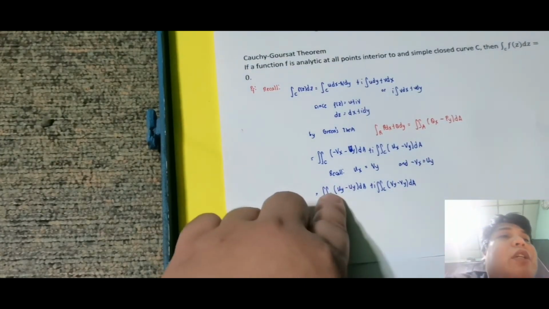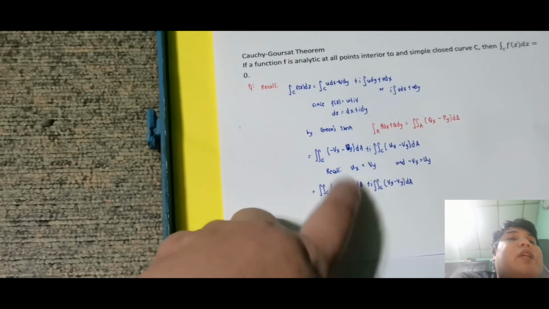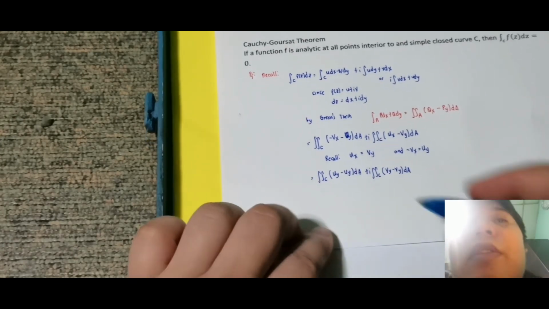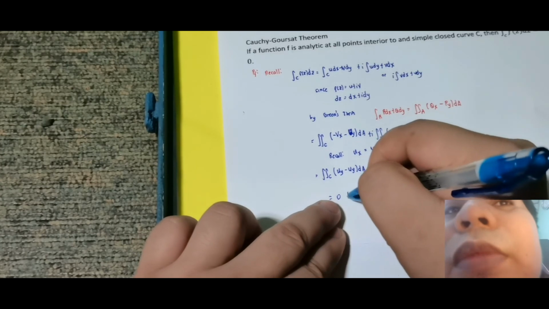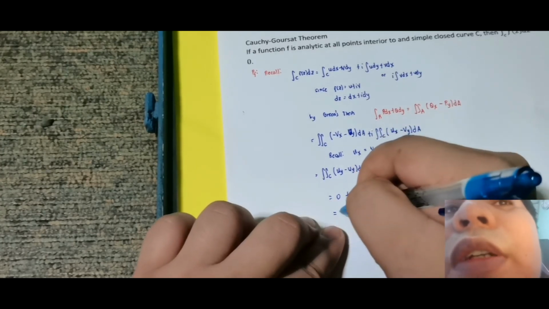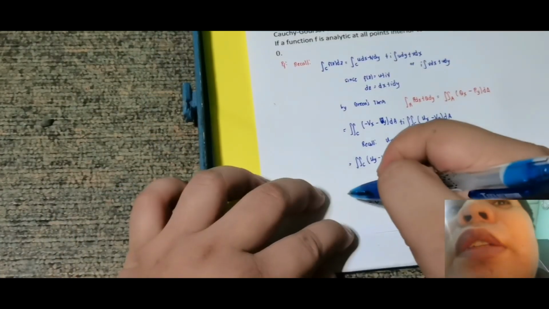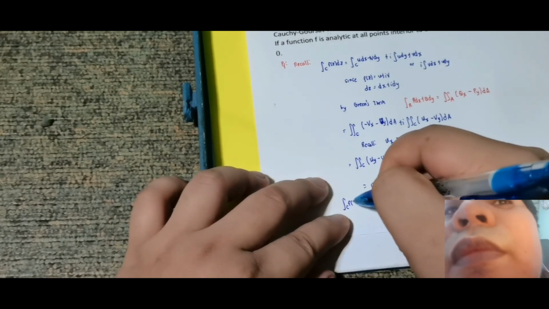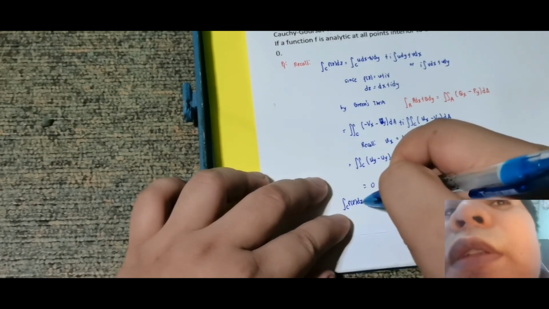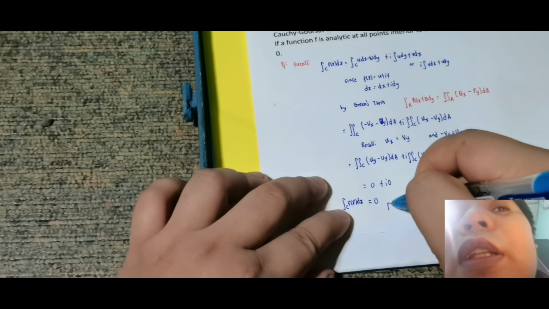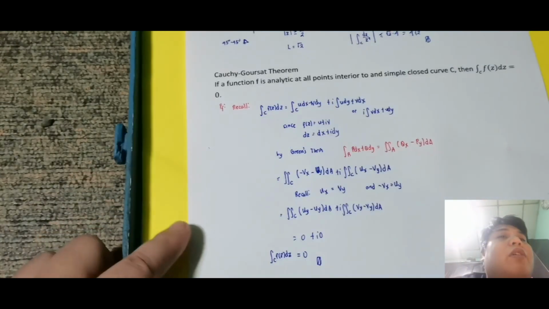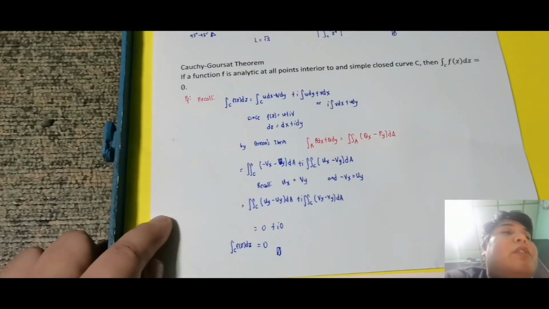Okay, note that ito is 0. Integral ng 0 dA is 0. Integral ng i 0 dA is 0. So this is just equal sa 0 plus i 0, which is equal sa 0. So therefore, yung integral ng f of z dz along the curve C is equal to 0, and that is done. Therefore, the Cauchy-Goursat theorem is proven.